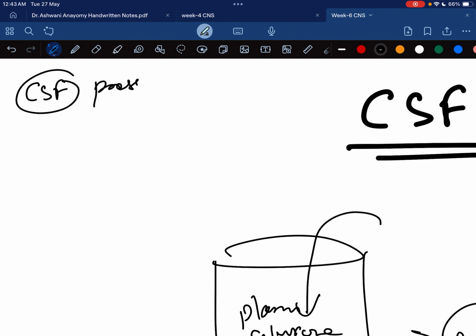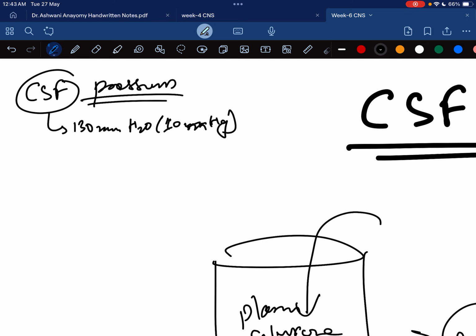CSF pressure is normally 130 mm of water, or 10 mmHg, when the person is lying horizontally, and there is regulation by the arachnoid villi and pressure-sensitive valves.